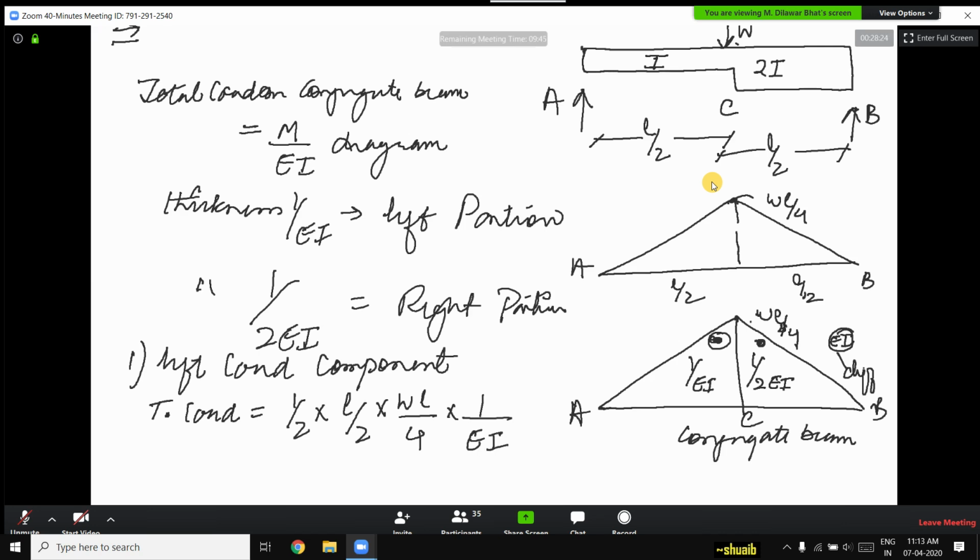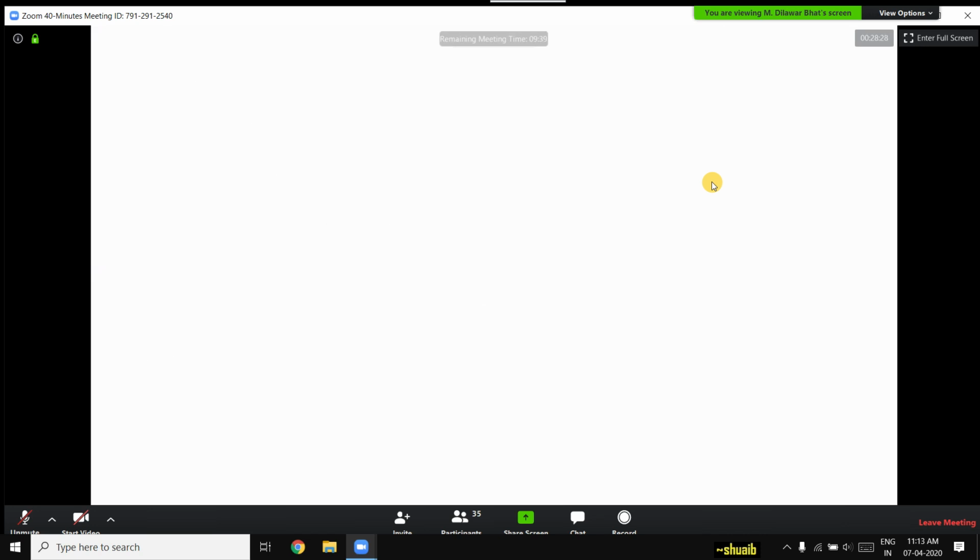This will be equal to WL square by 16 EI. Fine. This is the total load on the left component, left compartment.